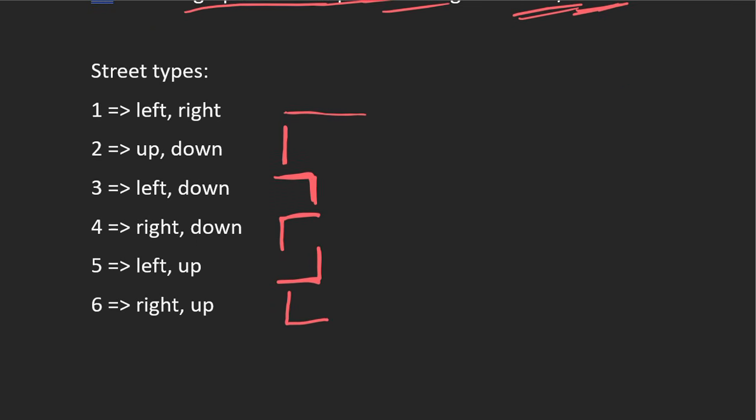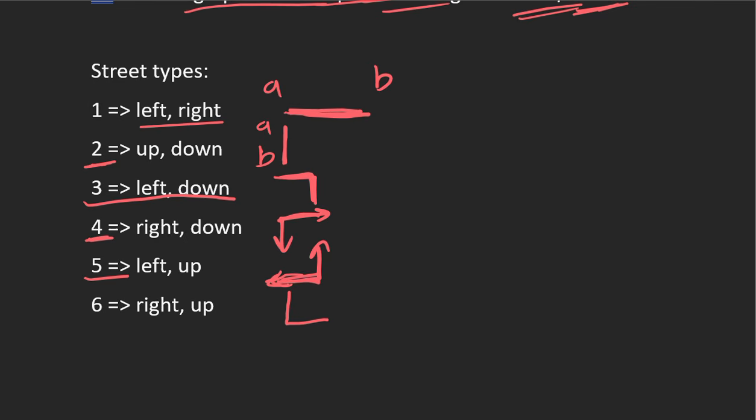In the question we are given 6 street types. 1 means we can move from left to right, so think of a pipe going from point A to B in this direction. 2 means we can go either up or down. 3 means left or down. 4 means either right or down. 5 means either up or left.